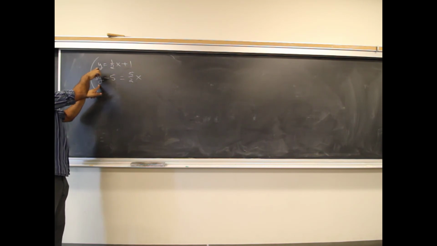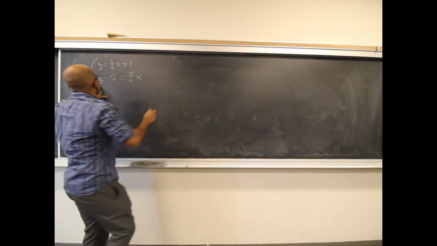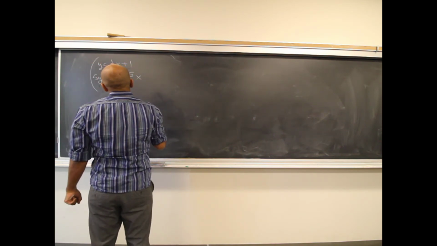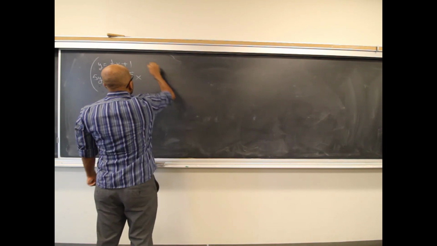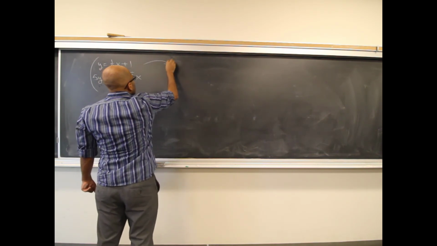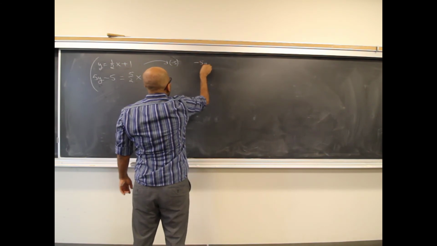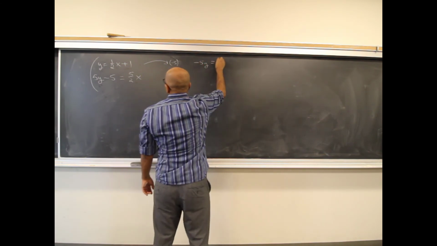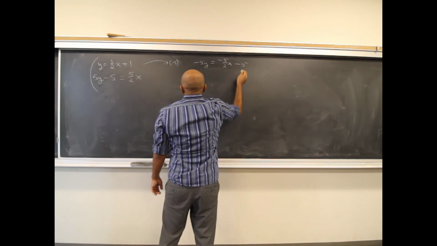The y's, right? All I'd have to do is distribute a... close, not 5. I need it to be -5 right there, so I need to distribute a -5. Good. So I'm going to multiply by -5 in this top equation, so I'll get -5y equals -5/2 x minus 5.